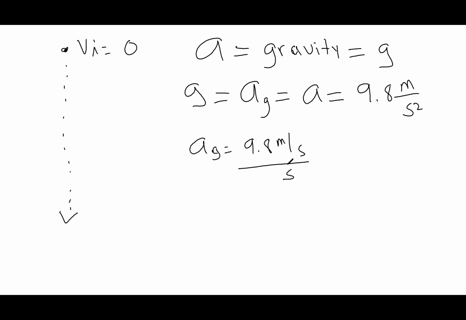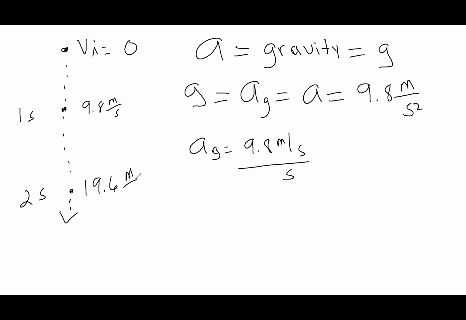So if I watch this object fall, after 1 second has passed, now it's moving at 9.8 meters per second. If I wait and watch it speed up, 2 seconds later, now it is moving 19.6 meters per second.